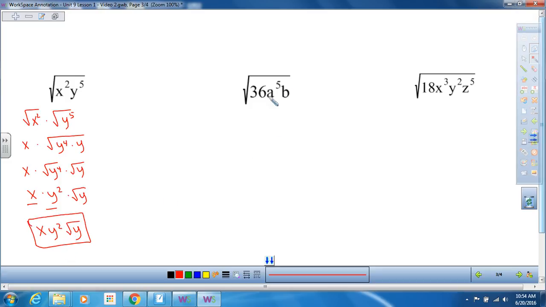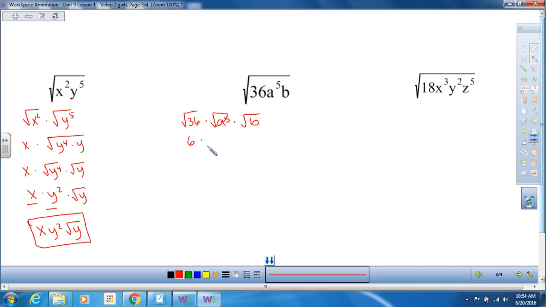Okay, I have three bases. I have a number and then two variables. So I will separate those and then deal with each one individually. Okay, square root of 36, that's a perfect square. That's just 6.